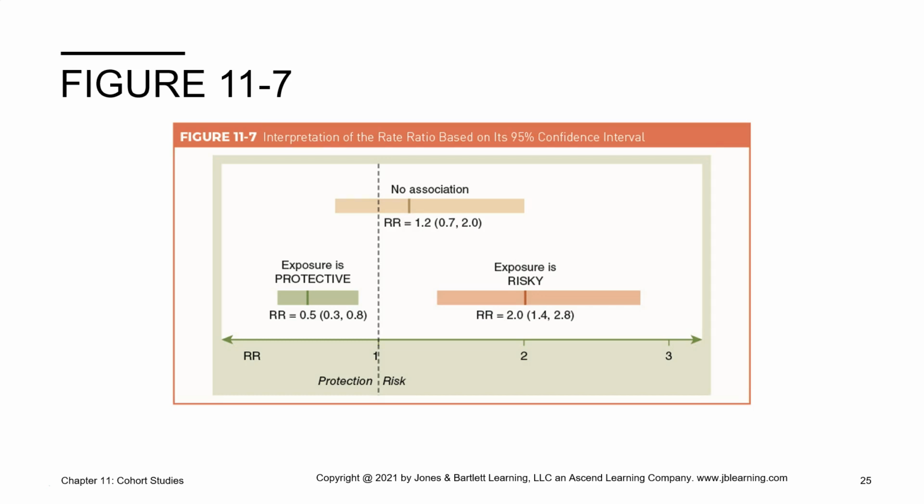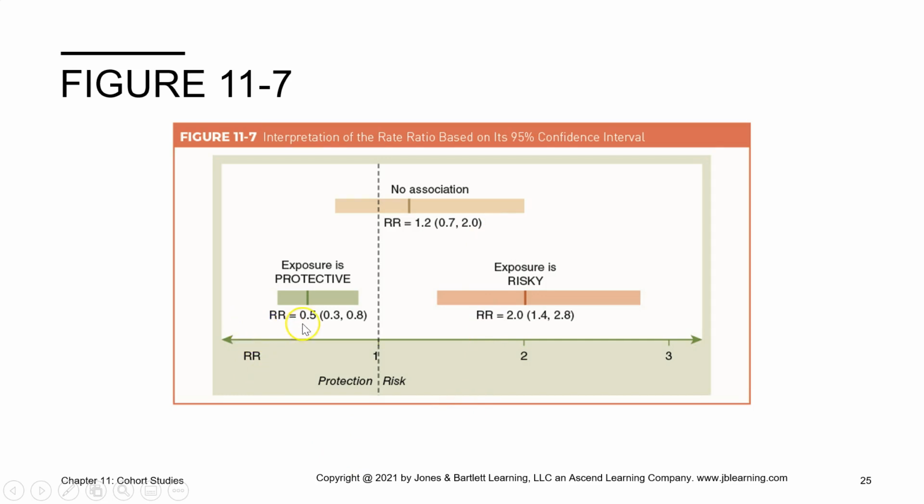And so if the relative risk has a confidence interval that is less than or greater than 1.0. So if it crosses the 1, which is up here, so let's say our rate ratio is 1.2, our lower limit is 0.7 and the upper limit is 2.0, this is not statistically significant.